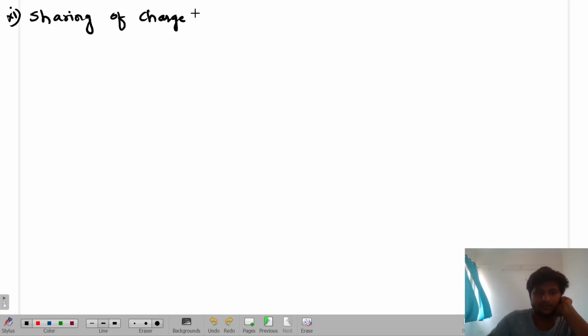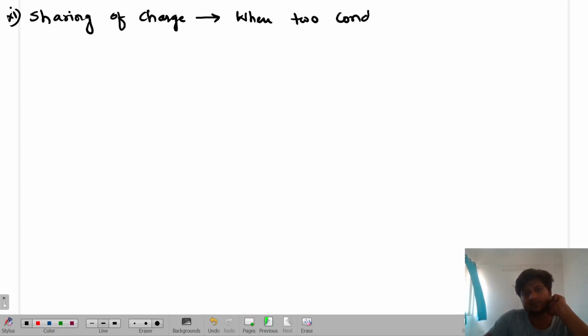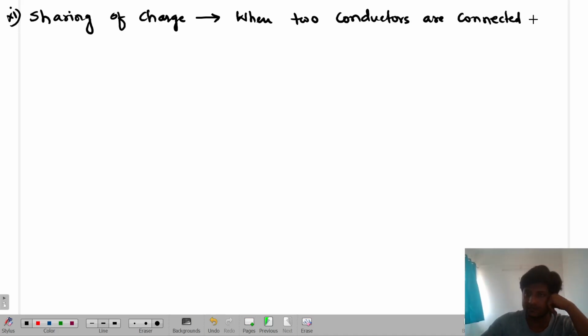Something will happen. Okay, so let us see. When two conductors are connected with each other, what happens? Their potential will become the same or not?